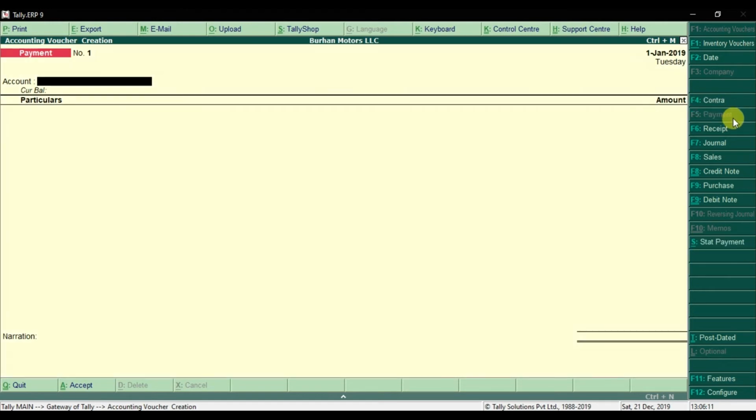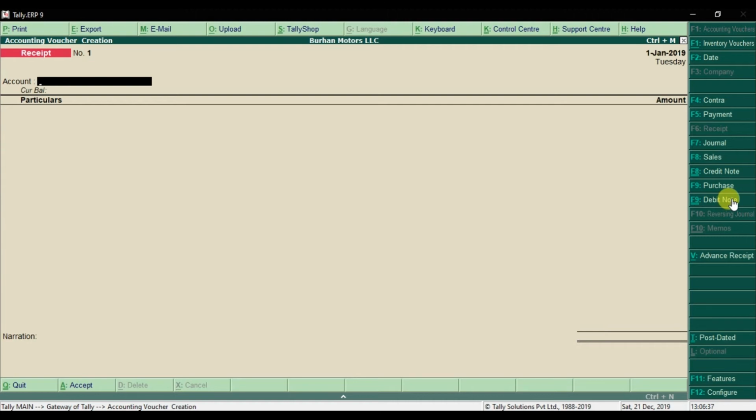Then we have payment voucher, and receipts, if you're receiving money. Payment is when you're making payments. Journal is mostly for adjustment entries, for depreciations. Then F8 is sales, and F8 double underline credit note is sales return. F9 is your purchase invoice, and F9 double underline is your purchases return.